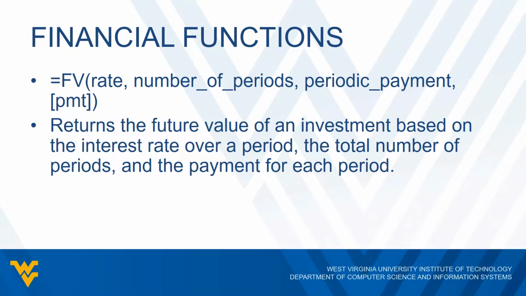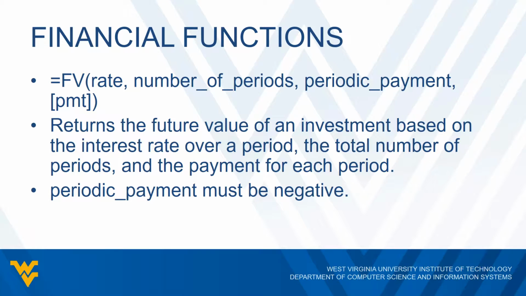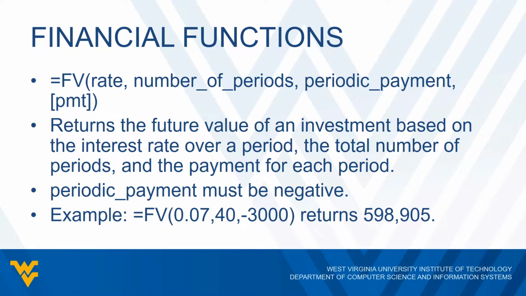Just like with the payment function, the periodic payment part has to be negative. To give an example, let's say we invest $3,000 a year for 40 years, and let's assume that we have a 7% interest rate. Now, for modern days, that's a very, very generous interest rate. You're never going to get 7%, but let's just go with it for now.